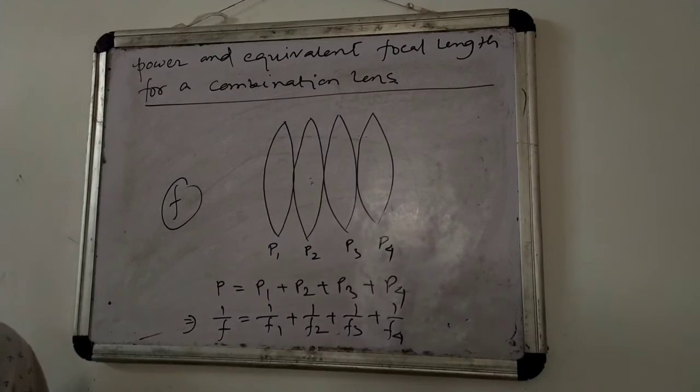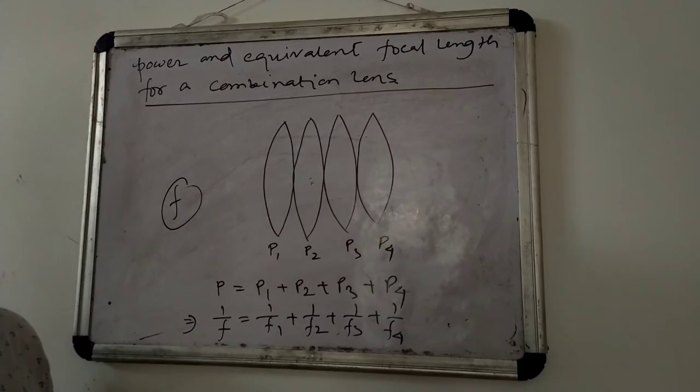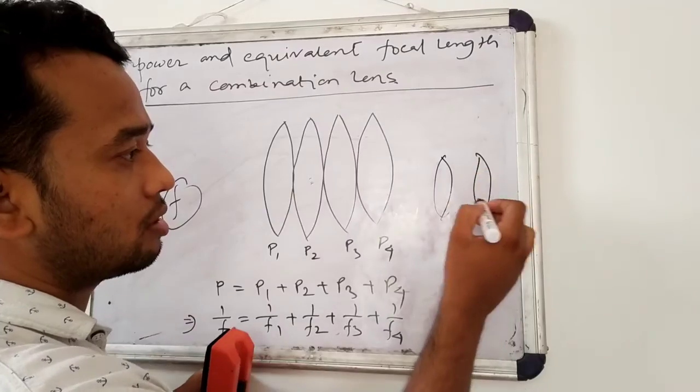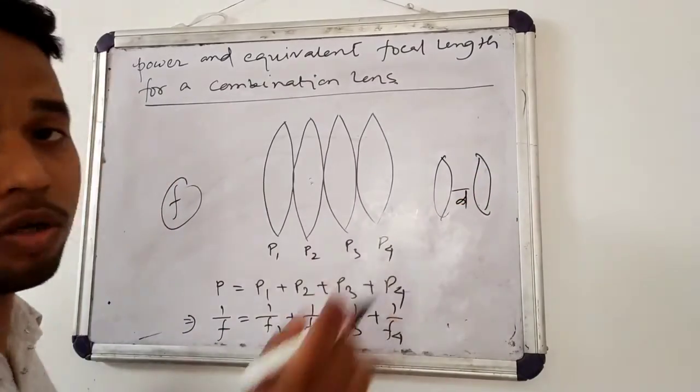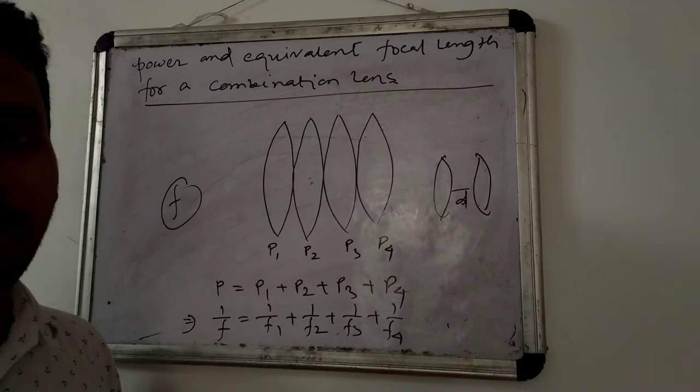But to apply this formula, these lenses should be in contact with one another. If there is a certain distance between the two lenses, then the formula will be different. But that formula is not required for class 10.